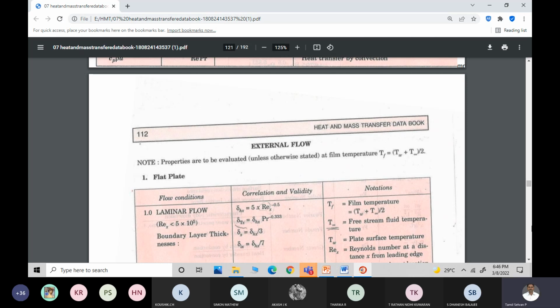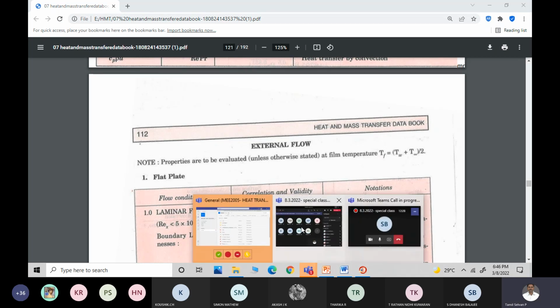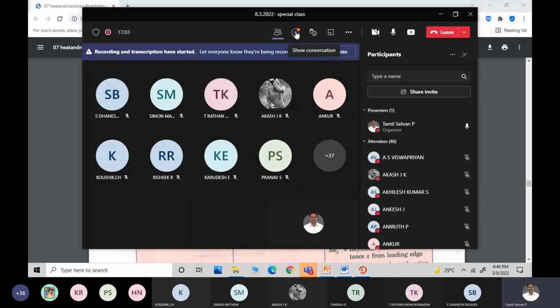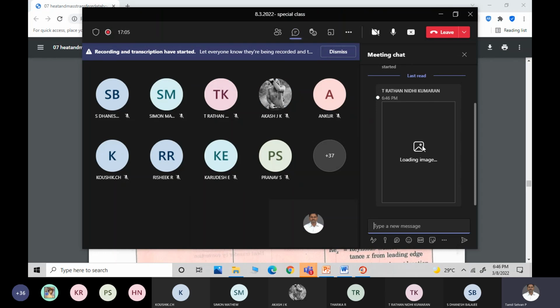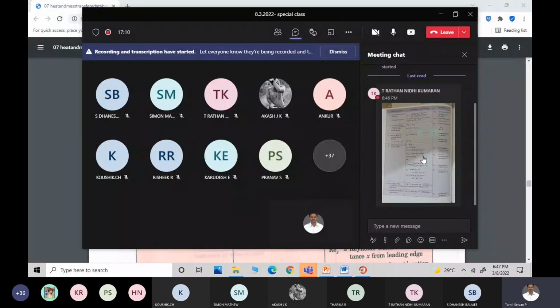Students, I have sent you in the WhatsApp group, and one of the students has put it in the chat box. Thank you. Thanks, ma. Yeah, this is the one.